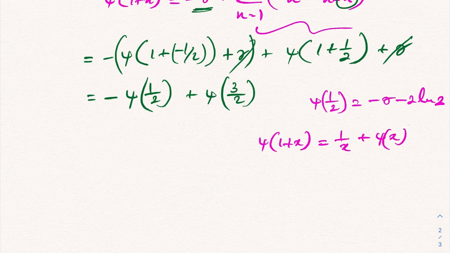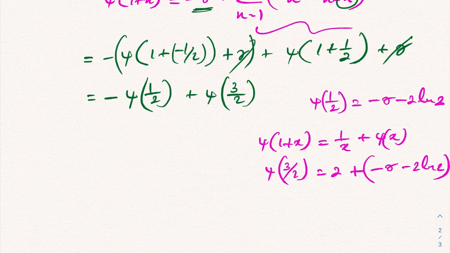Then if we plug in 1 half here, digamma of 1 plus 1 half, 3 over 2, is equal to 2 plus digamma of 1 half, which is minus gamma minus 2 times natural log of 2. Okay, then we can plug in. So we have here minus digamma of 1 half, gamma plus 2 times natural log of 2, then here plus 2 times minus gamma minus 2 times natural log of 2.